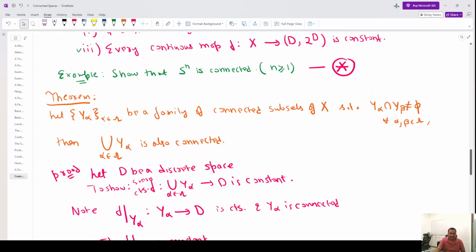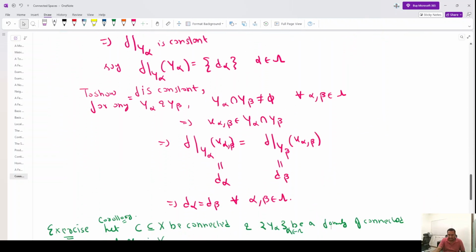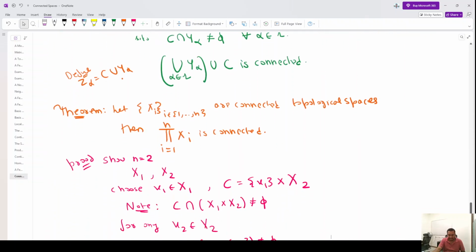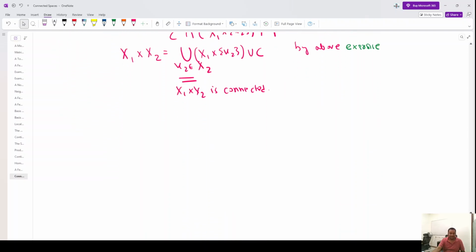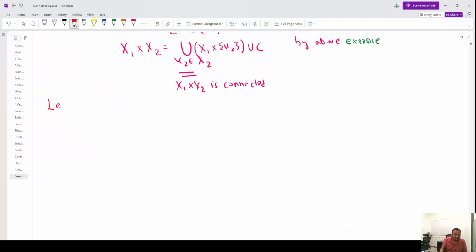So let us finally show this. So let's show Sn is connected, provided n is bigger than or equal to 1.